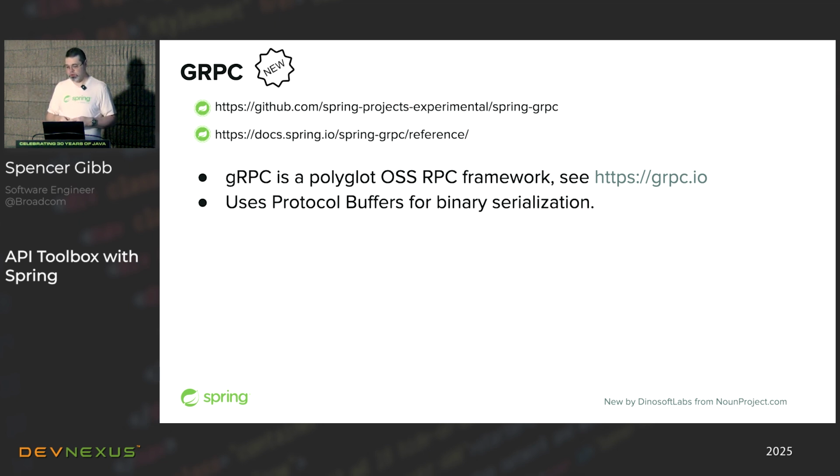I'll show an example of one in a second. You define a protocol buffer, and then there is a compiler that you configure, and then you can create clients for multiple languages, right? So this is a polyglot framework, and we've started to add support for it in Spring.